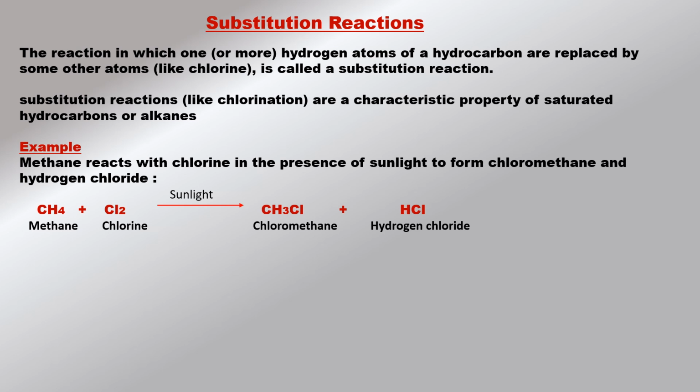In the above reaction, only one hydrogen atom of methane has been replaced by chlorine atom and we get chloromethane, CH3Cl. By supplying more chlorine, it is possible to replace all the hydrogen atoms of methane by chlorine, one by one.